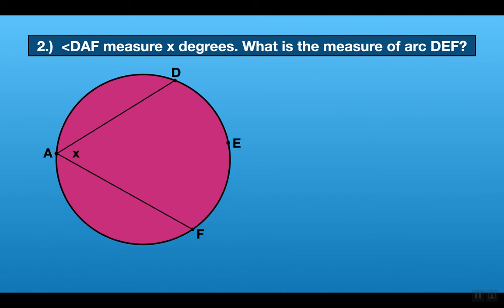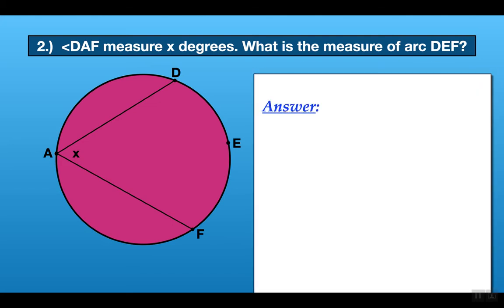Question number 2. Angle DAF measures x degrees. What is the measure of arc DEF? This applies to the question that we just did a moment ago. It's the same relationship. It says angle DAF measures x degrees, so what is the measure of arc DEF?